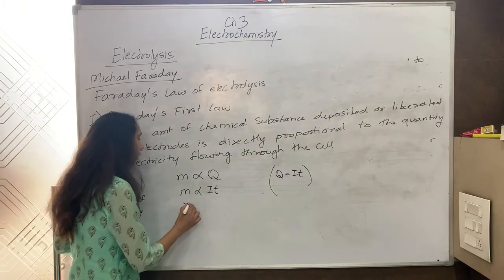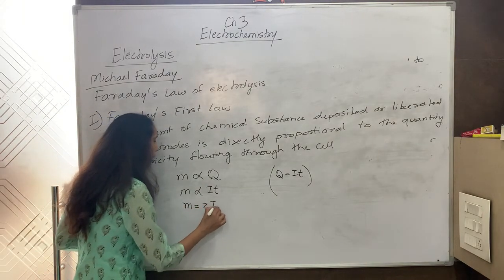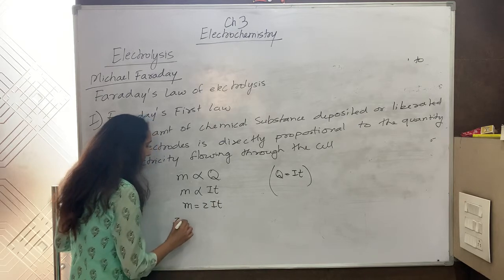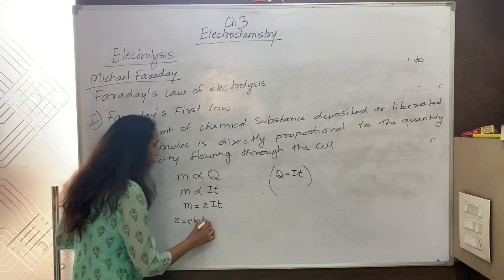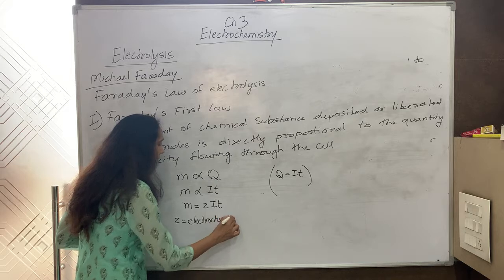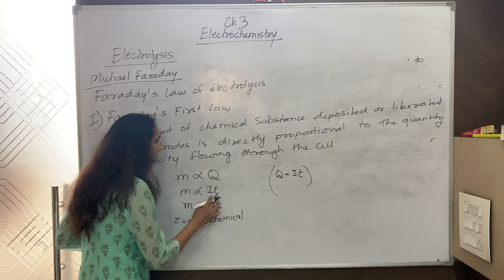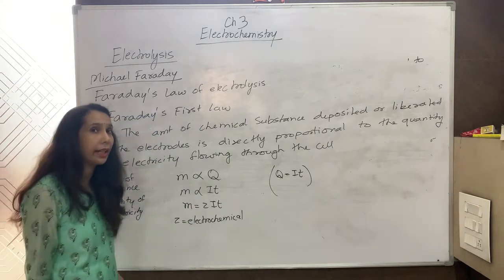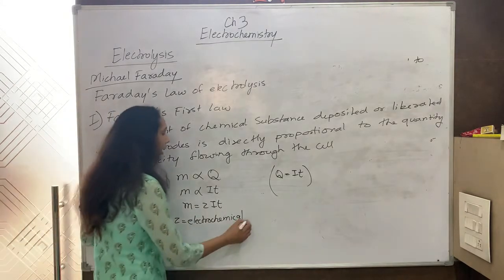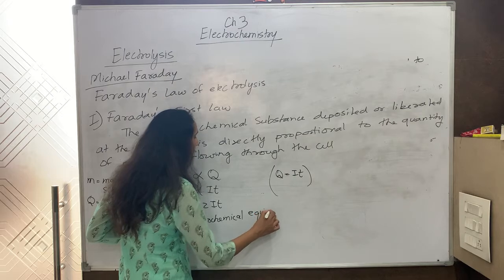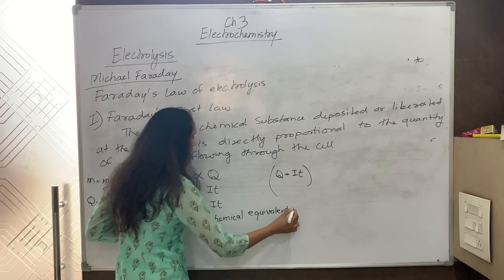When I remove the proportionality sign, I get the constant Z. Z is called the electrochemical equivalent. Again, I am repeating, the quantity of electricity is equal to I t. I is current, t is time. And Z is called the electrochemical equivalent.